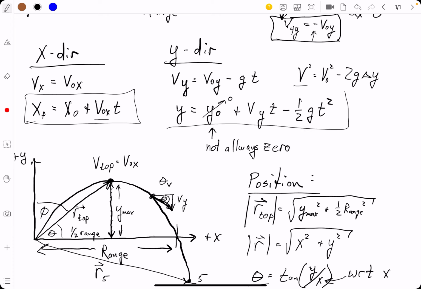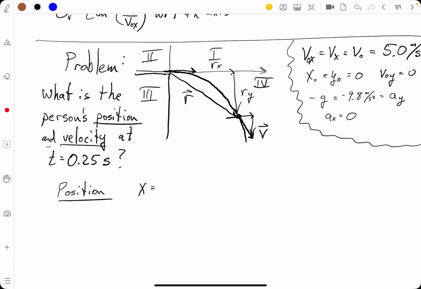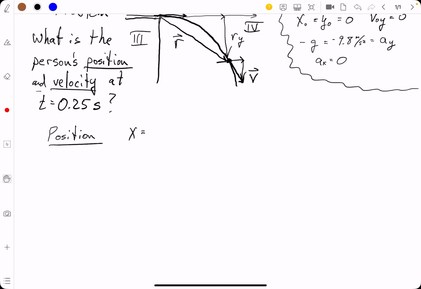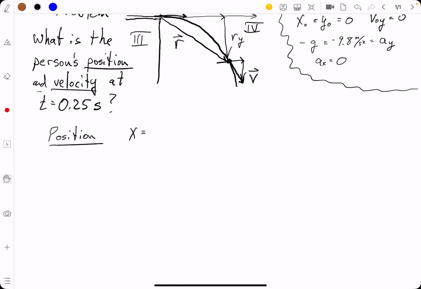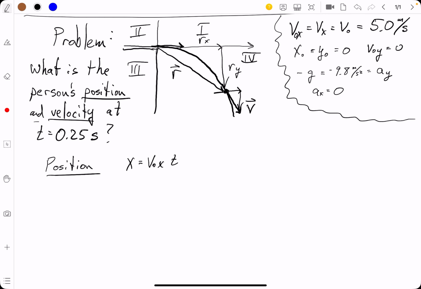This equation here is going to give us our y position, and we're going to take the x and y and put them together with Pythagorean. So in the x direction, we've got our v naught x times time. Okay, and it just so happens that we know what v naught x is, so we can do that. What about the y direction?